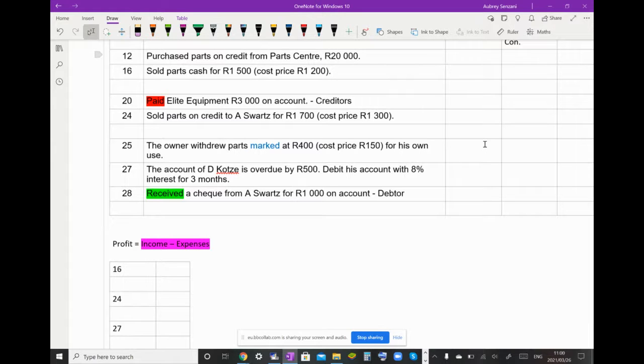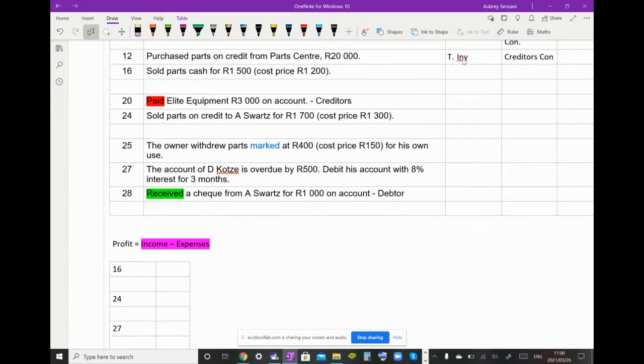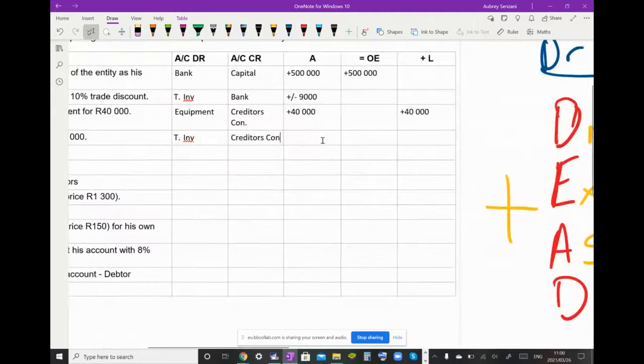Okay. So what are we going to debit? What are we going to credit? I would say debit trading inventory, and credit creditors control, yes. So 20,000.